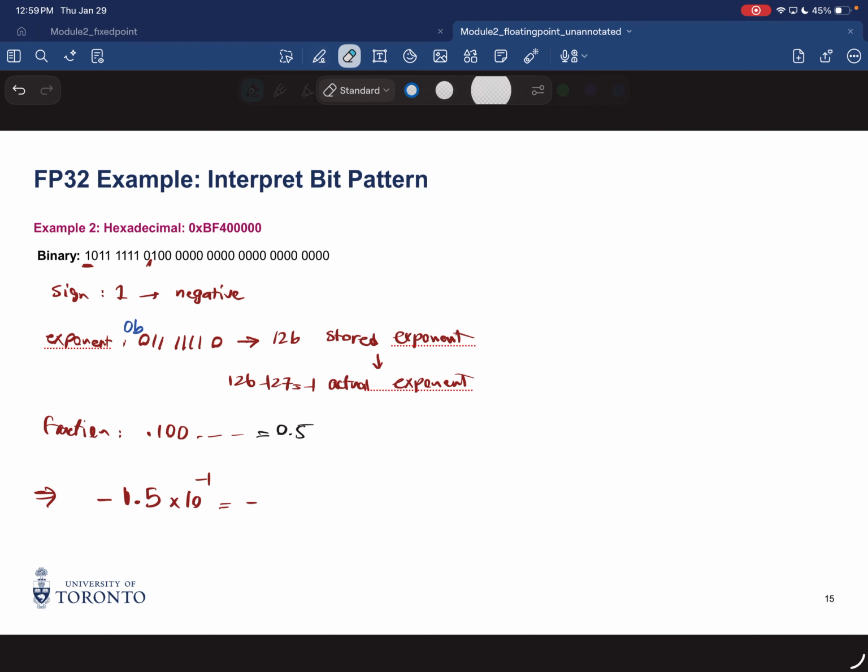No, sorry, 2, and that is minus 0.75. Again, these are very straightforward examples. Hopefully you see some harder ones in the exam. So, thank you, everyone.